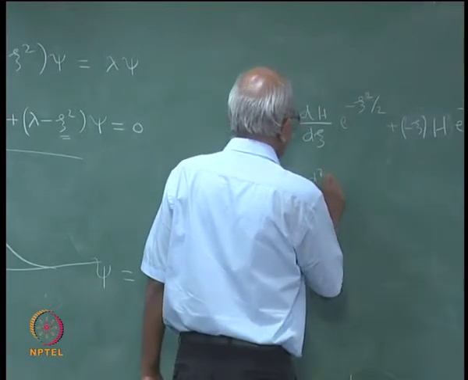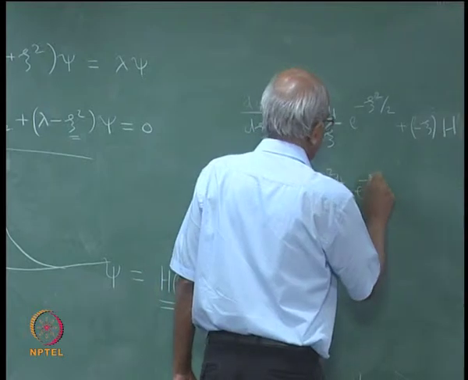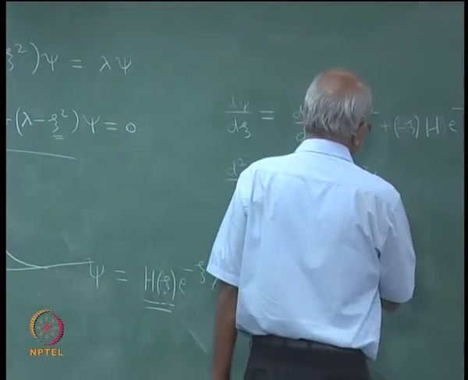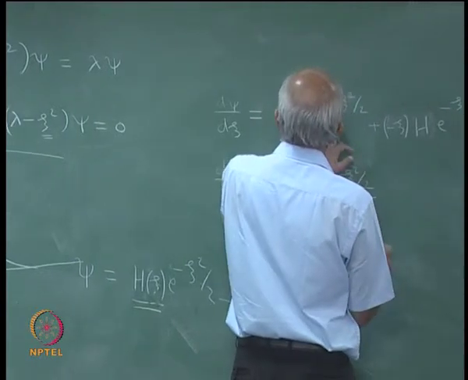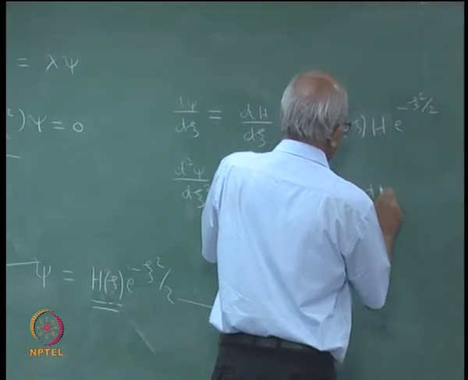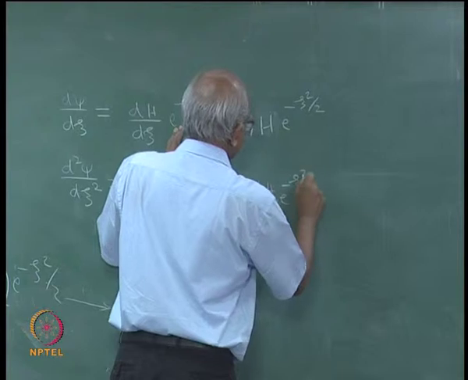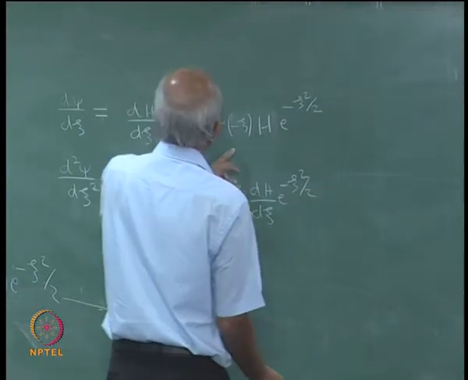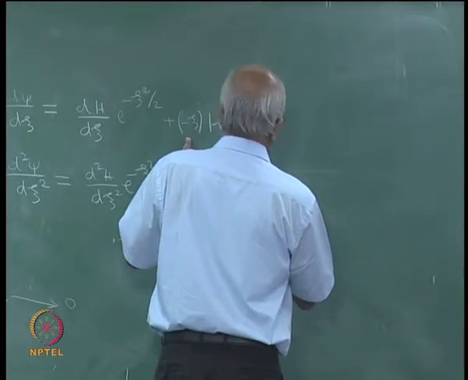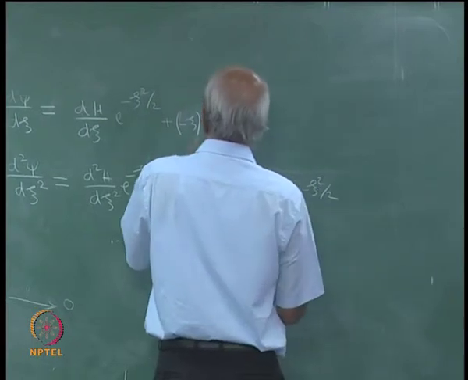I will get d square H by dc square e to the power of minus c square by 2. Then if you just carry out the differentiation, you have to differentiate this, that will give me a minus c dH by dc e to the power of minus c square by 2. Then from here I will get a minus H e to the power of minus c square by 2, that is only one term, but I have additional terms.